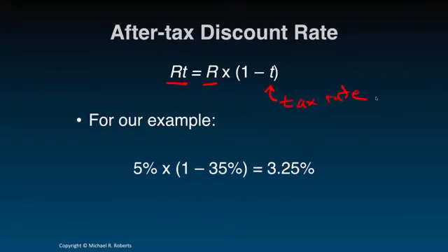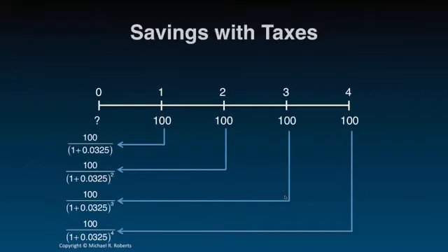So for our example, the discount rate R was 5% and the tax rate T was 35% for an after-tax discount rate of 3.25%. Now let's revisit the problem using this after-tax discount rate.